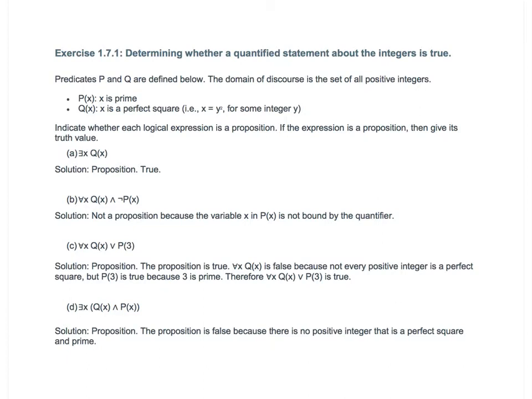We cannot continue checking all the positive integers. If you want to really prove that this proposition is false, you need a complete and general proof, and we will talk about those kinds of proofs later in the following chapters.